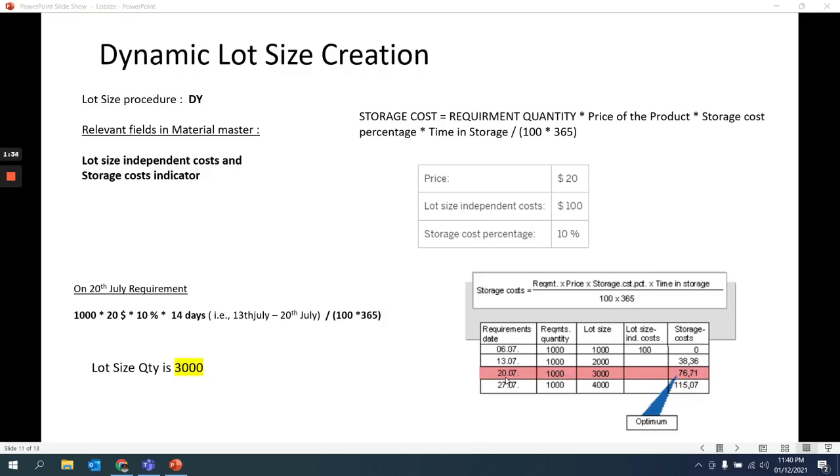So here, requirements until 20th of July are considered, which are less than $100. On 27th of July, it goes above $100. So system confirms the order quantity as 3000 here.